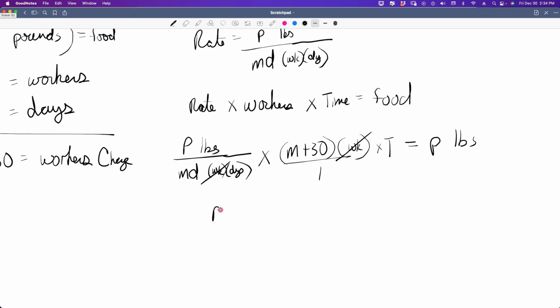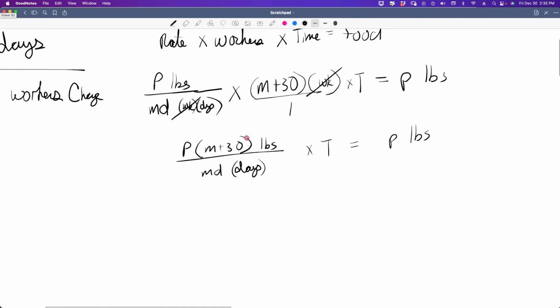And I end up with P times M plus 30 pounds over M D days, and that is times T, and that is equal to P pounds. So now I can divide by the factor that I have. T is equal to P pounds over P times M plus 30 pounds over M D days.